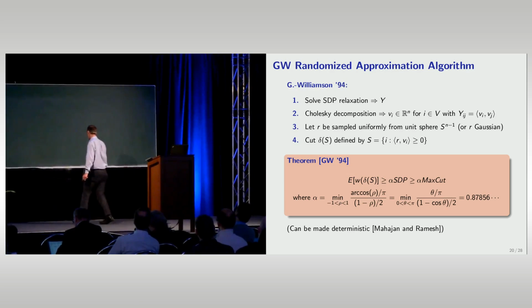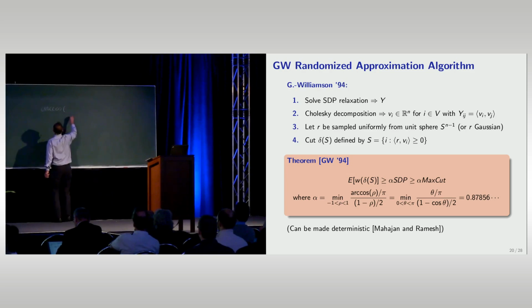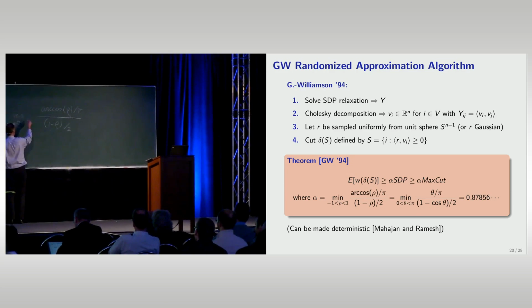So let me write them down: R cosine of rho divided by pi, divided by 1 minus rho divided by 2, and you take the minimum over all rho.